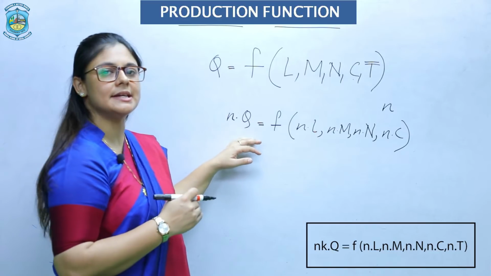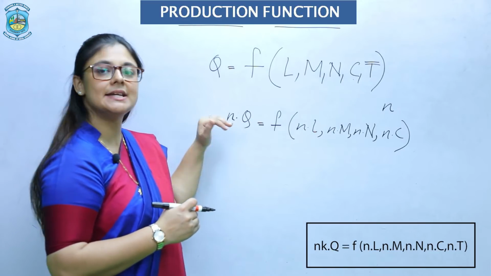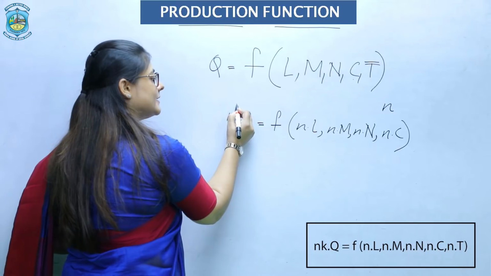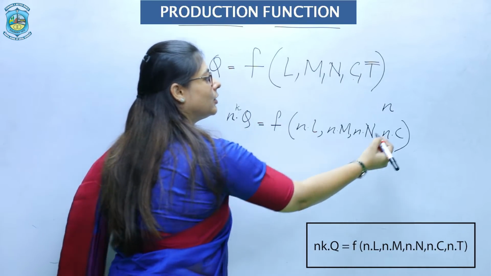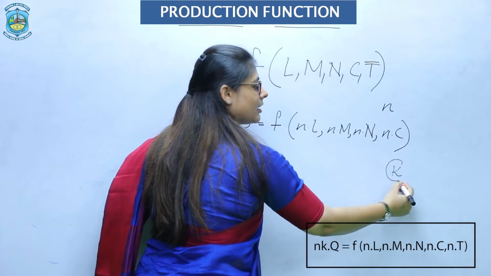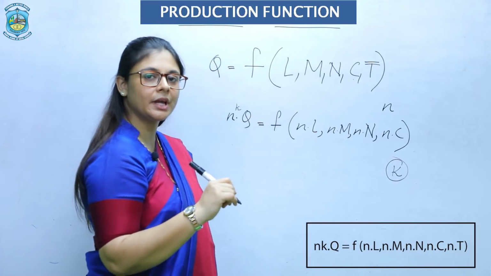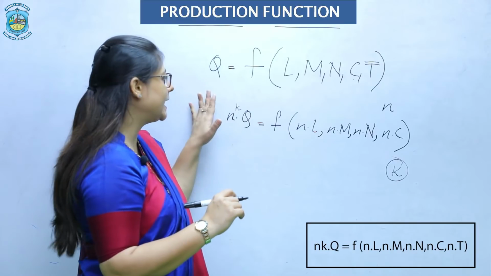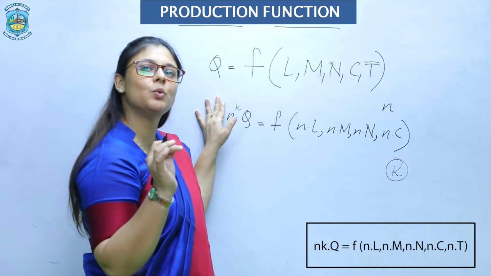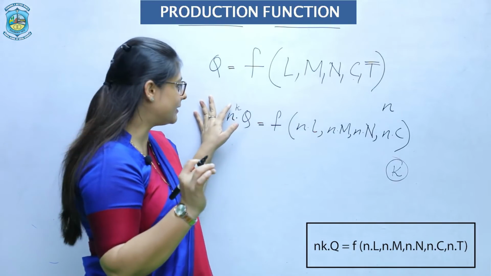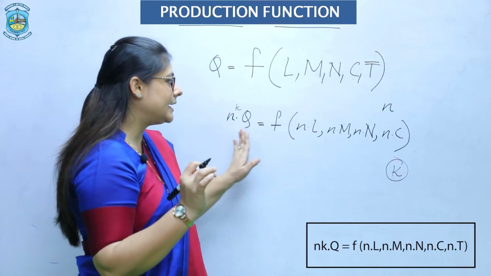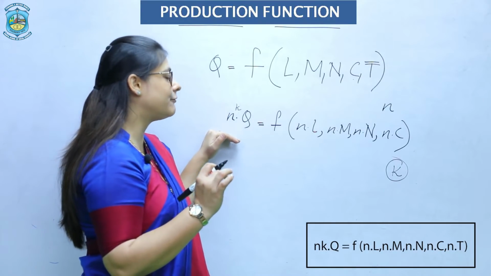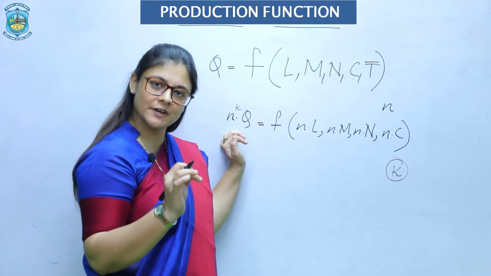Now let's say for instance this particular n is raised to kth degree. Again your k is going to be a constant here. Now let's understand this relationship. If k is equal to 1, it is again going to take the form of a linear homogeneous function.